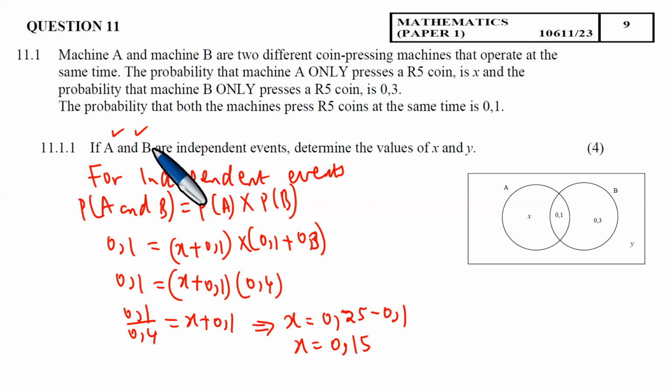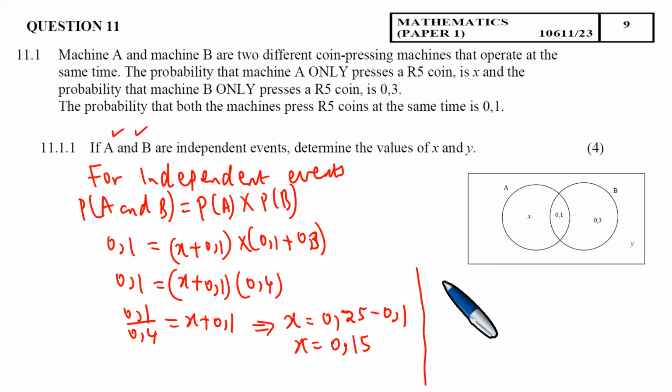If A and B are independent events, determine the values of x and y. We've already found that x is 0.15. What is y? To get y, we need to add everything here.